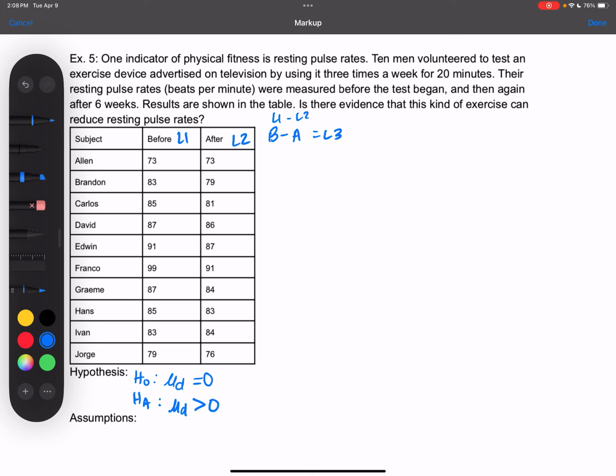And obviously these you could do by hand. I mean, what is this? 0, 4, 4, 1, 4, 8, 3, 2, -1, 3. So obviously you could do these by hand too, but your calculator will do the list for you, so you don't have to worry about it.